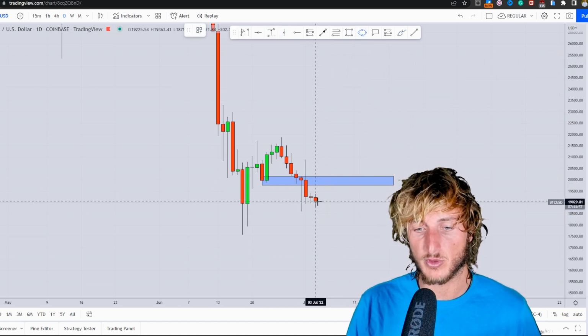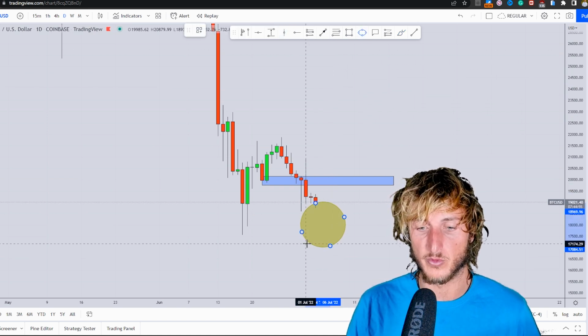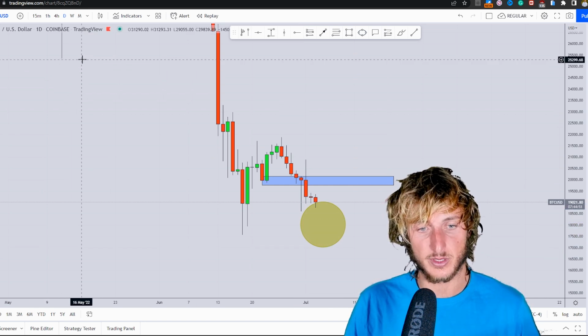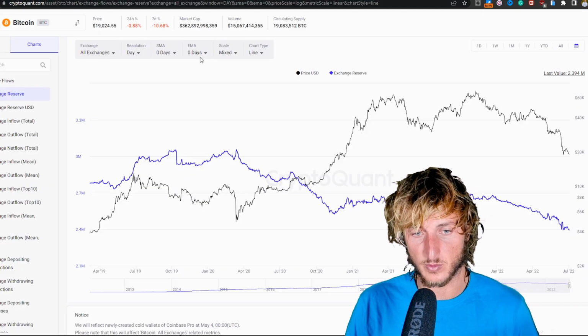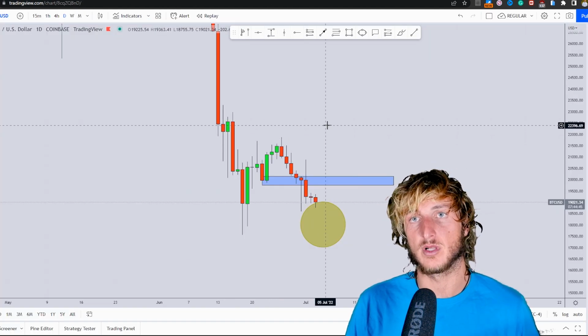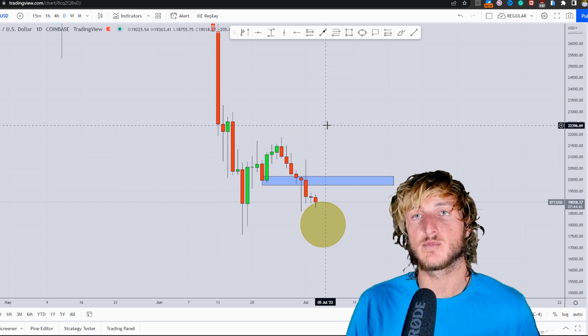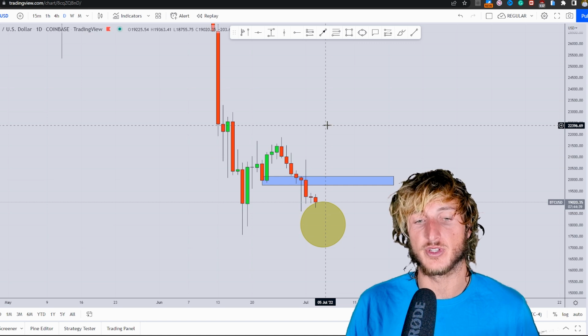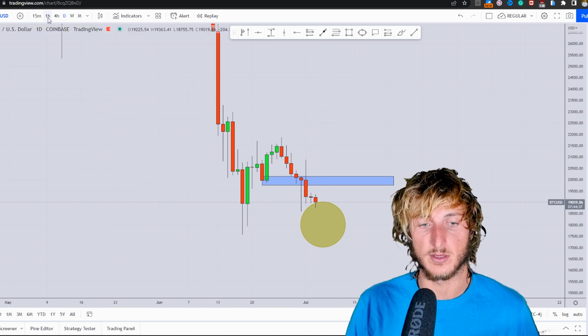So how could we be approaching this potential short-term move to the upside? Now, as usual, trading is reactive and not predictive. The monthly, weekly, and daily combined with the on-chain data, those are the best time frames from a directional perspective. However, when it comes to confirmations and entries, the best time frames are the intraday time frames, so 4 hour and lower.